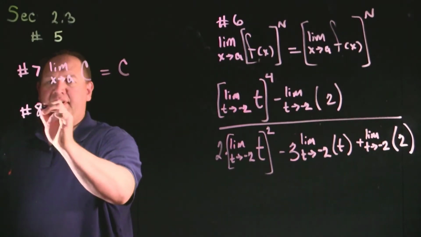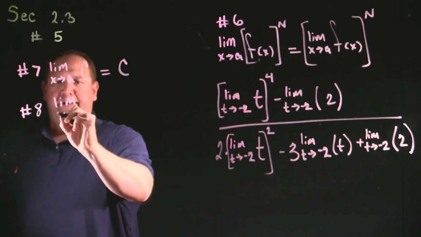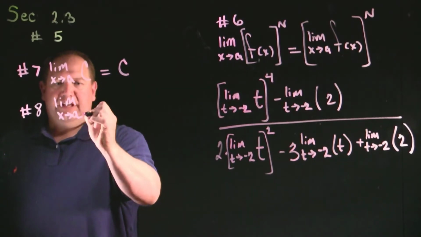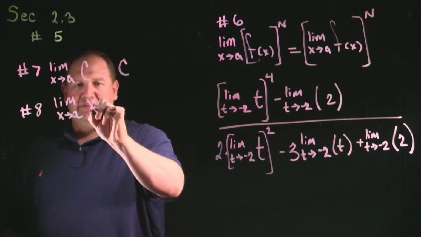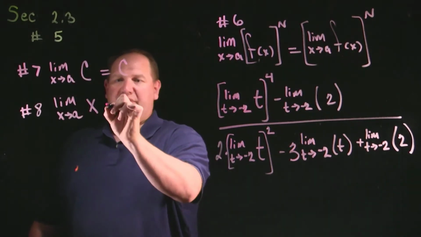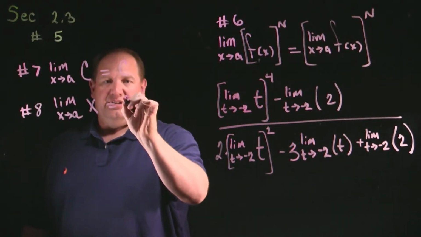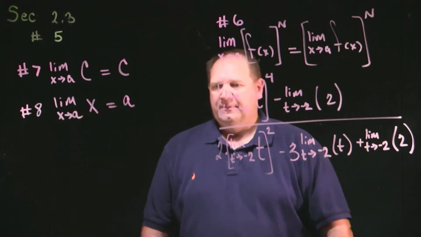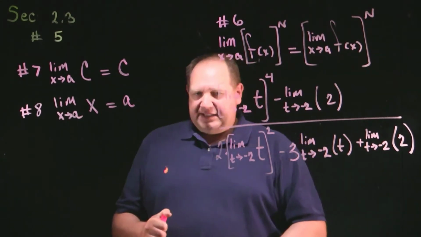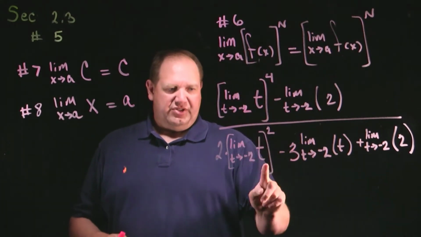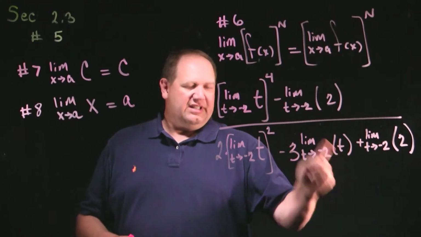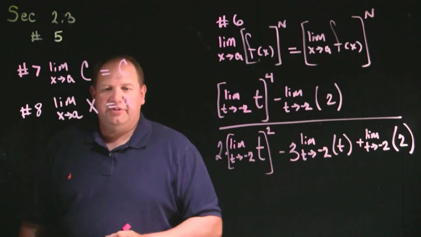That says that the limit as x approaches a of x, well, that's just equal to a. So we're going to use limit law number 8 for this place and this place and that place. Okay, so here we go.